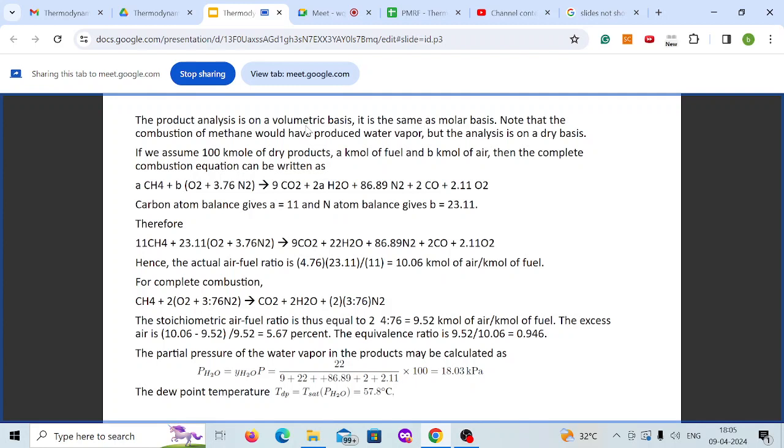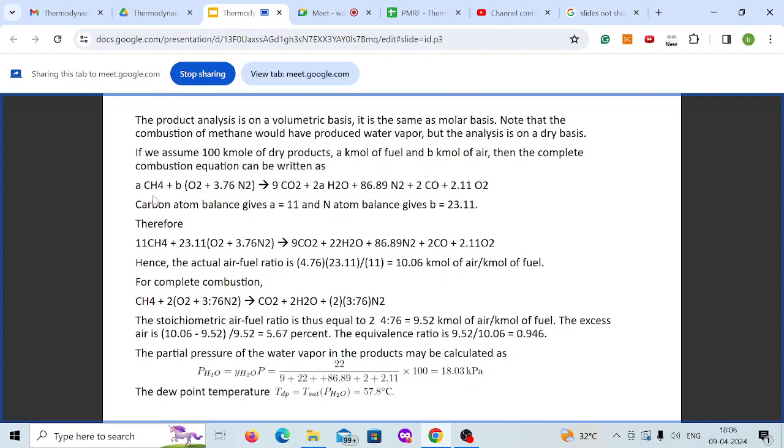Because it is 100%, we are taking 100 kilomoles, so we can take all the given values as they are instead of decimal values. So we have taken 100 kilomoles of dry products, then A kilomoles of fuel and B kilomoles of air, because we don't know how much fuel and how much air is taken.